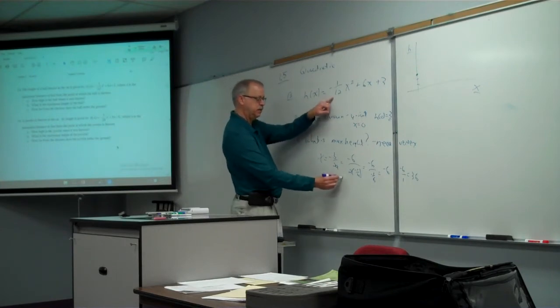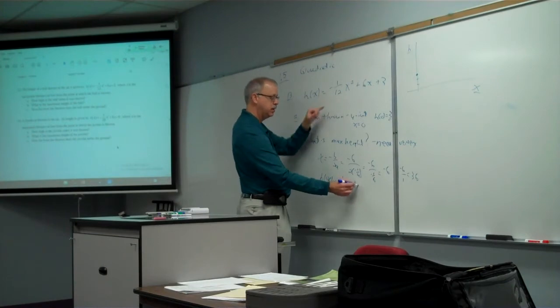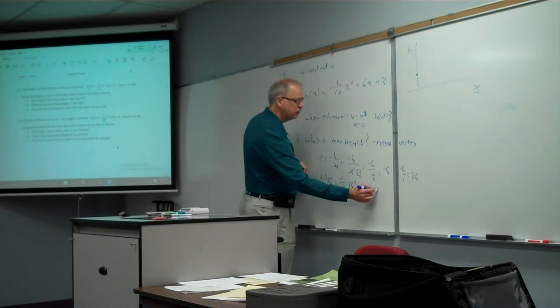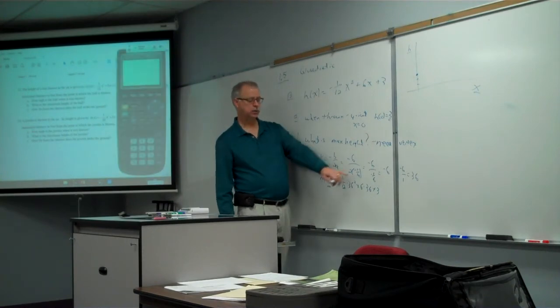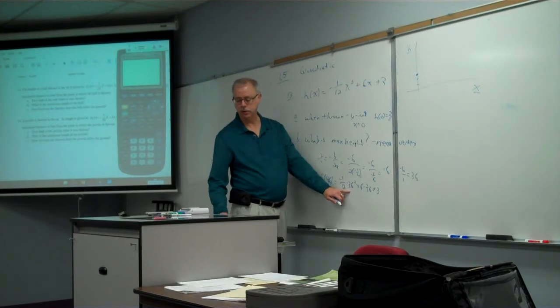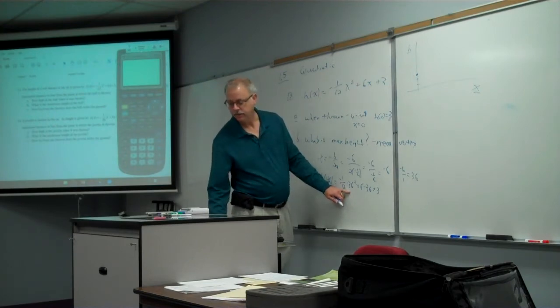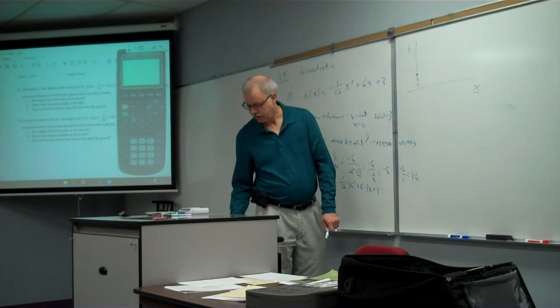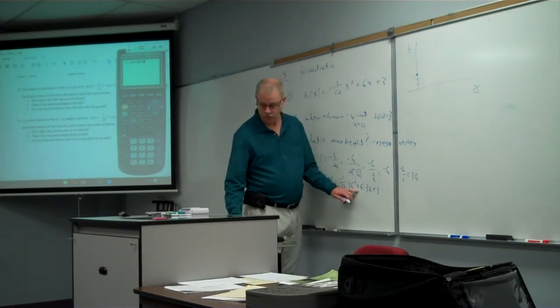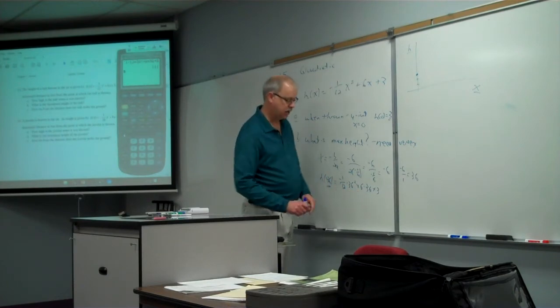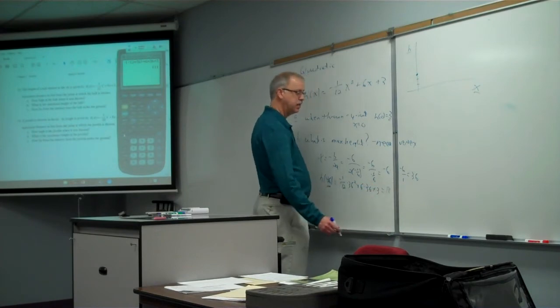We plug that in here, negative 1/12 times 36 squared plus 6 times 36 plus 3. We could have pulled out our calculator here. Here I definitely think we probably want to pull it out. So let's see. Negative 1/12 times 36 squared plus 6 times 36 plus 3, 111.